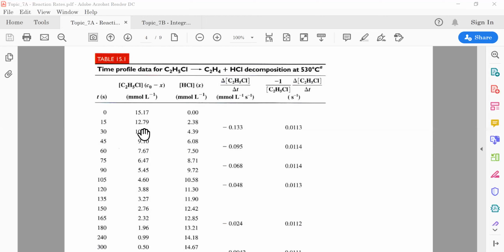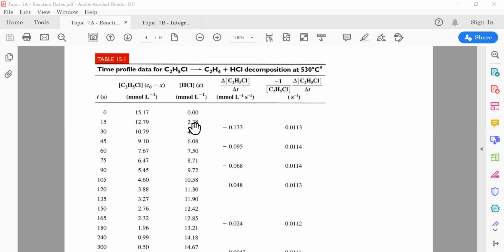Now, if you take that decrease in concentration of the reactant and divide it by the 15 seconds of the interval between 15 and 30, you essentially get the number of millimoles per second of ethyl chloride that is reacting away. And that turns out to be minus 0.133. The minus is because the concentration is decreasing.